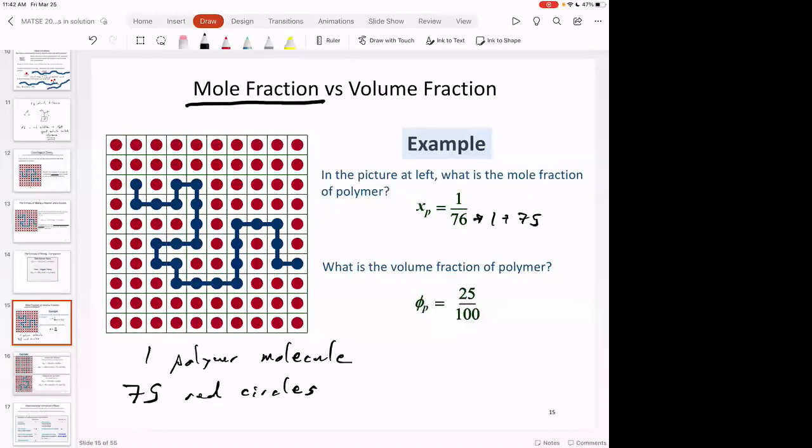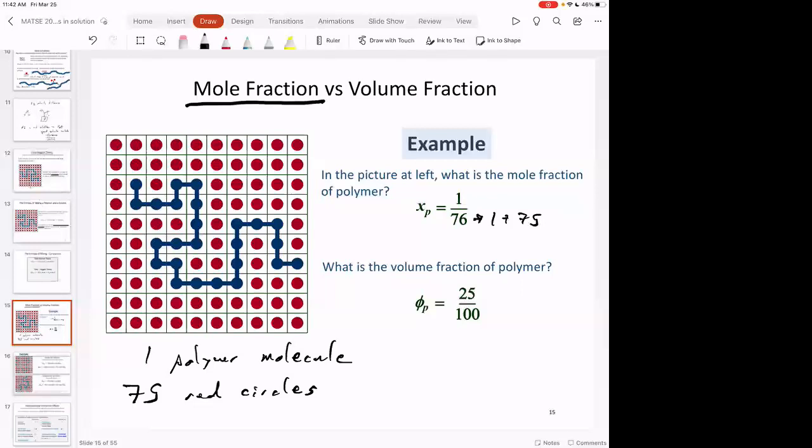Based on the area of this checkerboard, the polymer is taking up 25% of the area, right? And the red circles are taking up 75%. But if we calculate the mole fraction, it's one of the polymer, it's 1/76, which is very misleading, right? The polymer is taking up significant space, yet its mole fraction is really low because its molecular weight is so high.